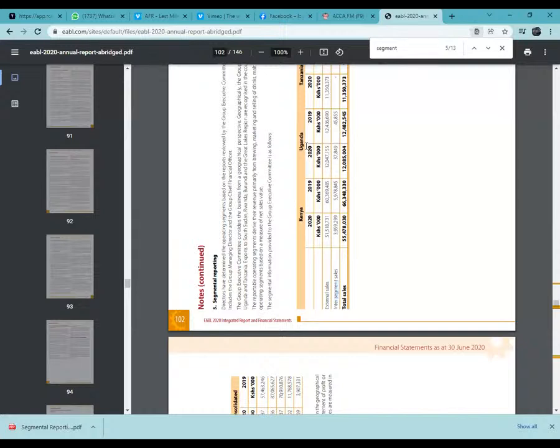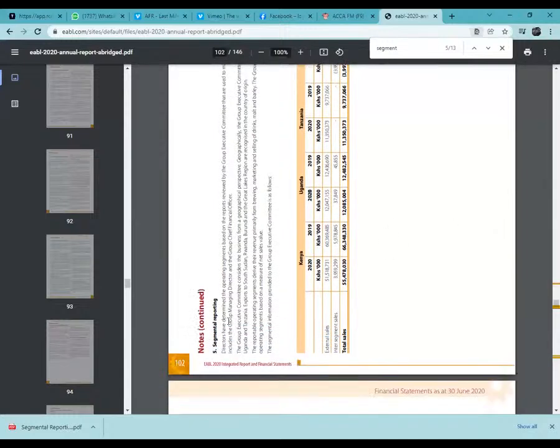Yes. Now you can see, I'll try to change this to a way you can read, but at least you can see here we have segmental reports. Directors have determined the operating segments based on the reports reviewed by the group executive committee. You see, the chief decision maker is the one making strategic decisions.